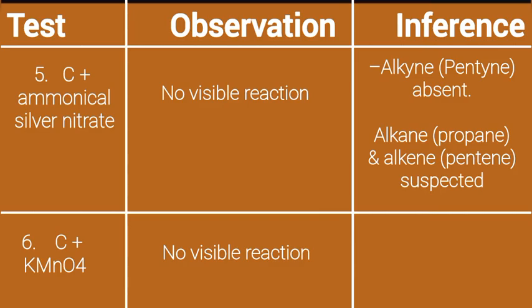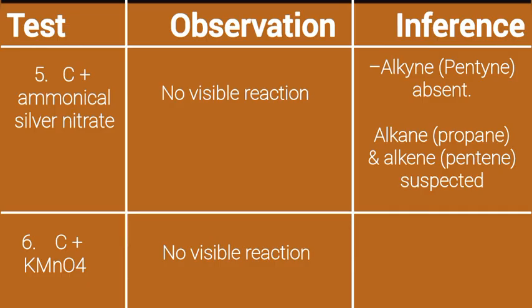The reason being that, from test number 5, we already eliminated alkyne. Pentyne has been eliminated. We are now struggling with whether liquid C is propane, an alkane, or pentene, an alkene. Following procedure number 6 under the test column, if C is an alkene, then the purple color of potassium permanganate will be discharged, will become colorless.